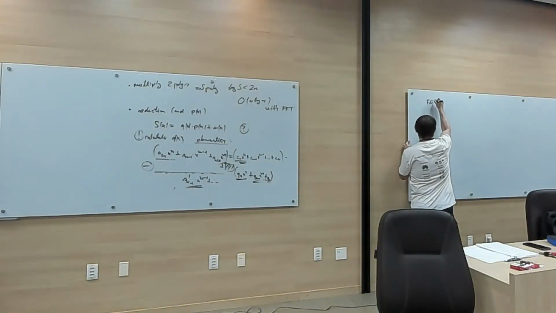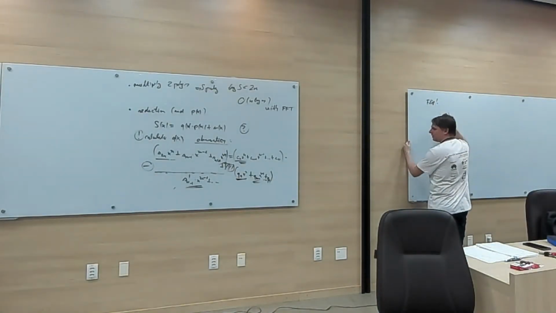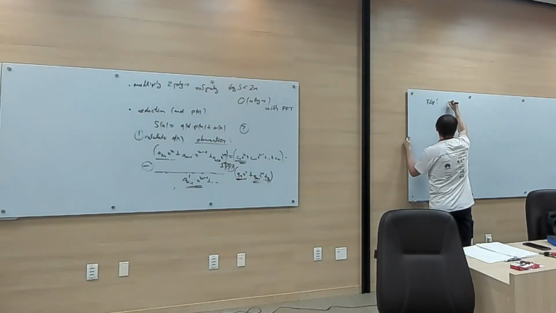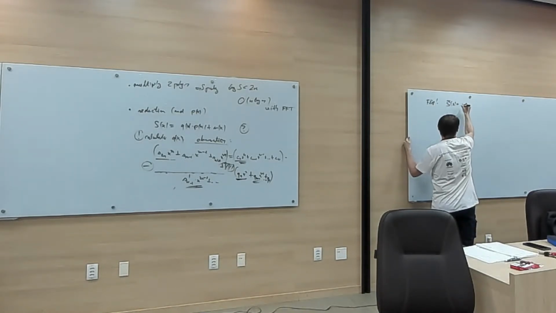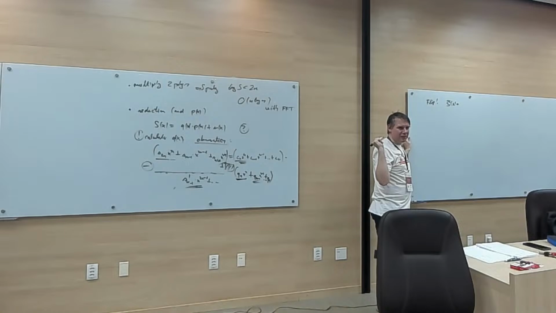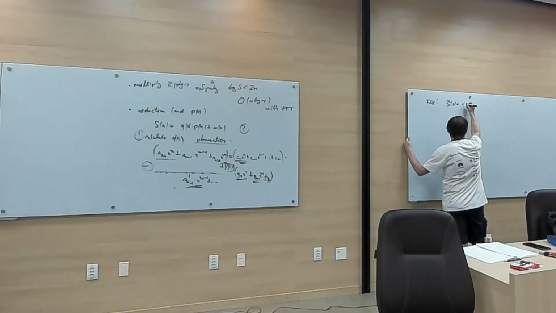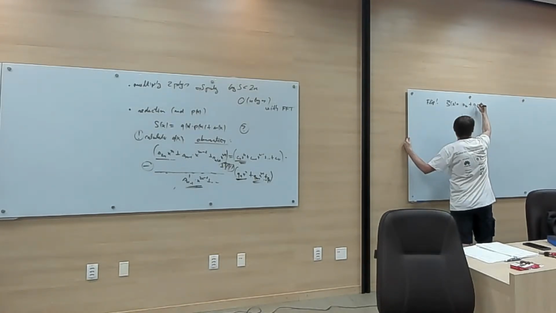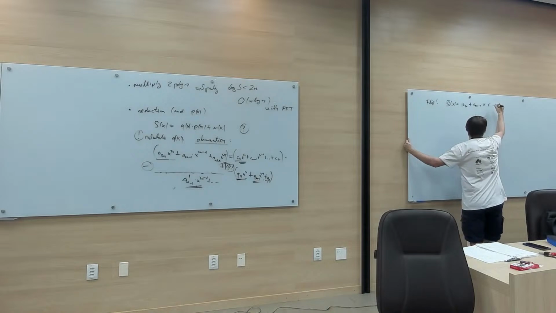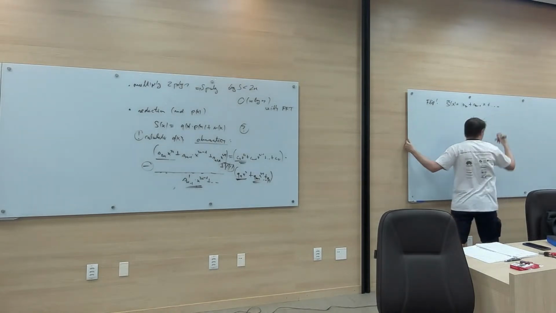The idea is that we can flip the two polynomials. If you flip S, it means that you take the highest degree term and it will be the lowest degree term from now. So it's like S_2n, S_{2n-1} times x plus, and so on.